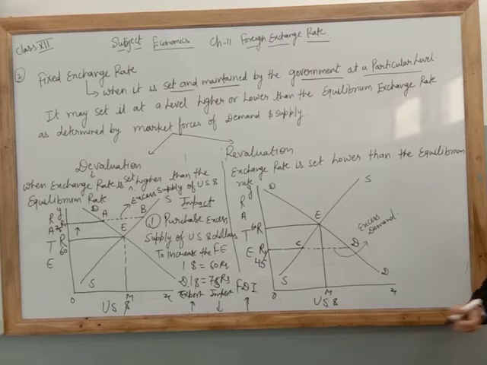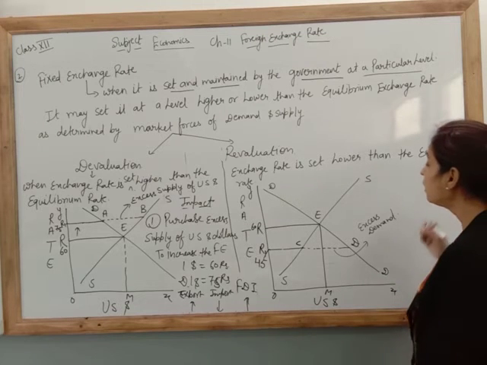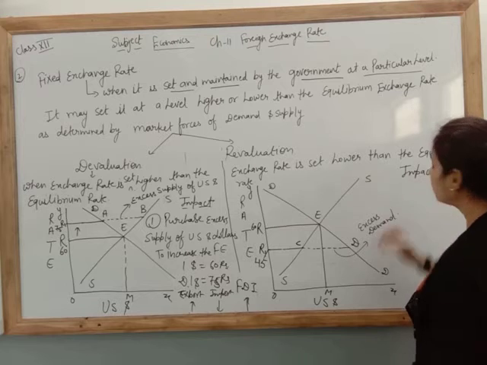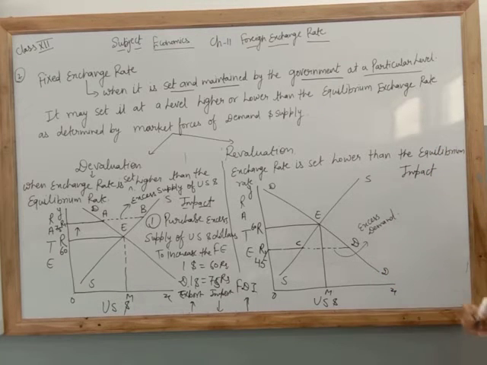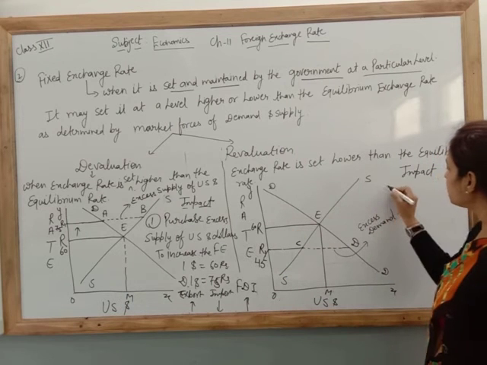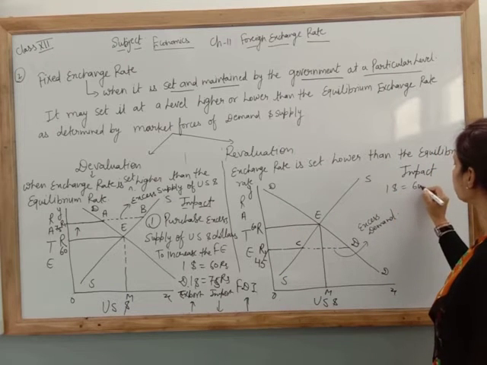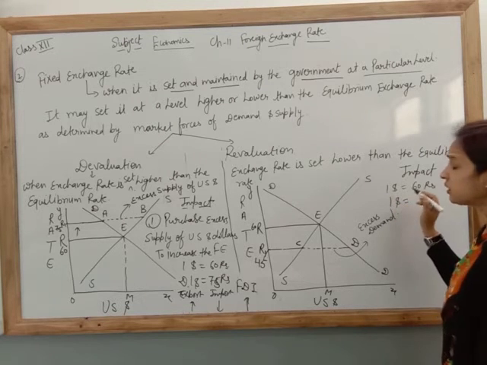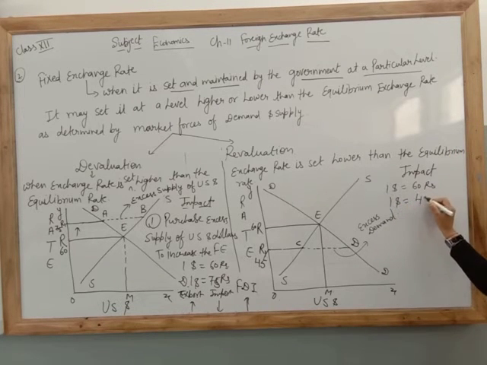There will be one major reason. What is the impact of that? Suppose I give you one example. Earlier, for $1 we had to pay 60 rupees. Now we are able to purchase our $1 at 45 rupees.